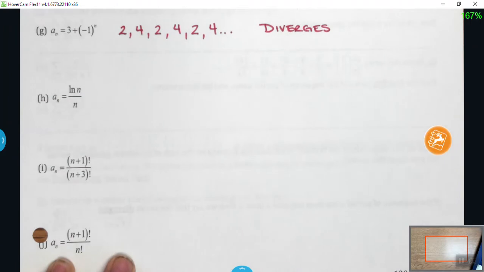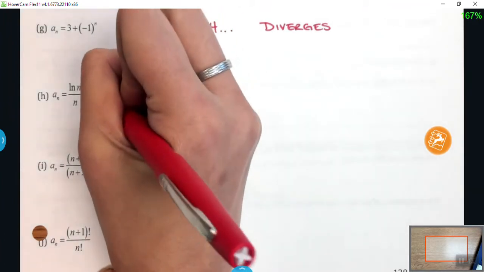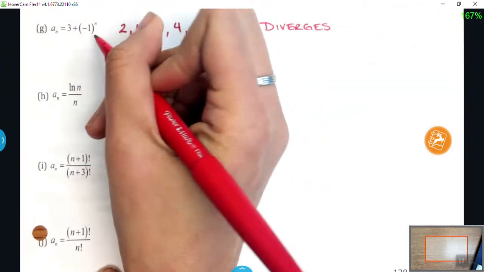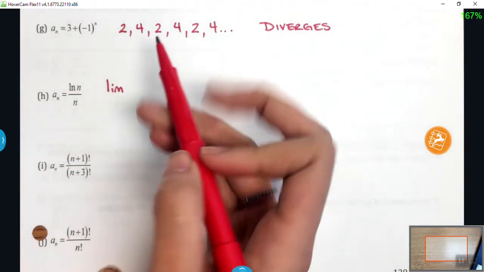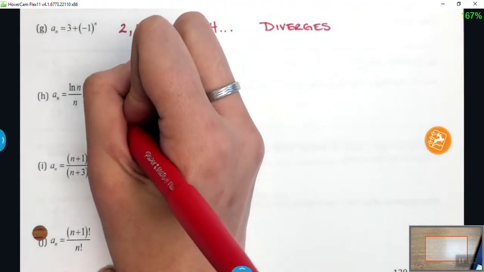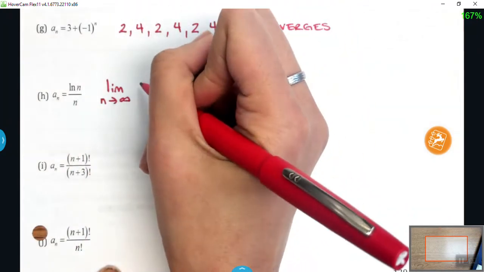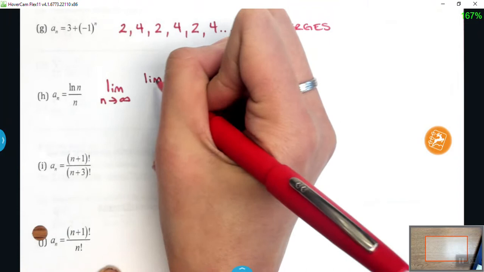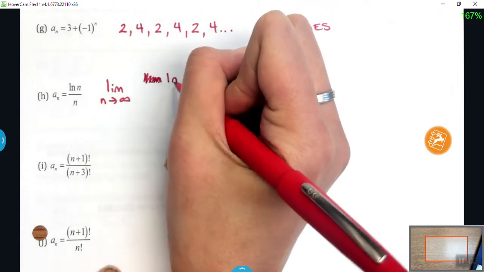Because it never actually approaches a number. Is that still defined as alternating, even though it's not alternating? It's alternating between 2 and 4, but it's not negative, positive, negative, positive.